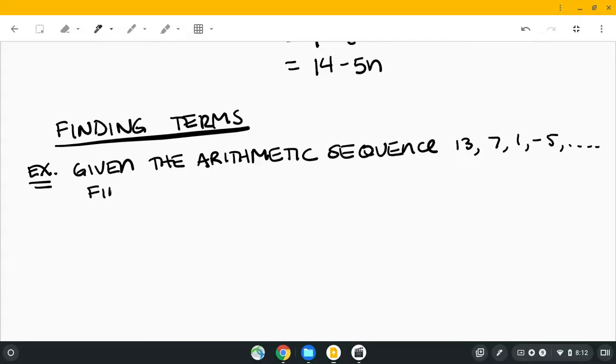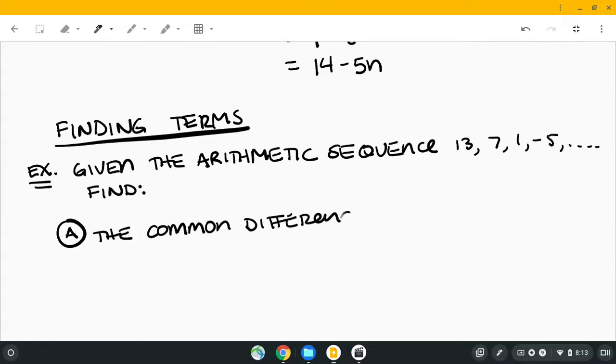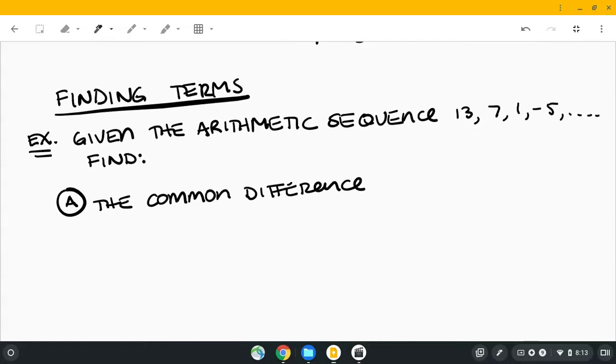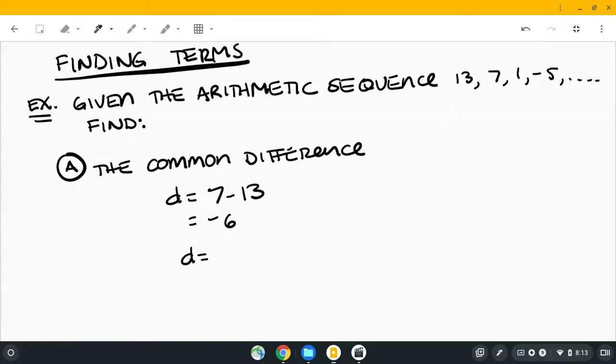Okay, find A, the common difference. Common difference. So I will do 7 minus 13, and we get negative 6. So D is negative 6.